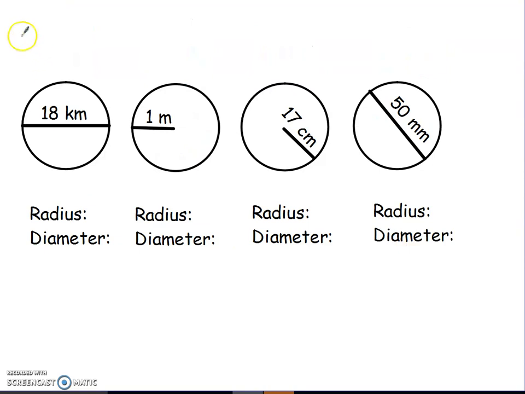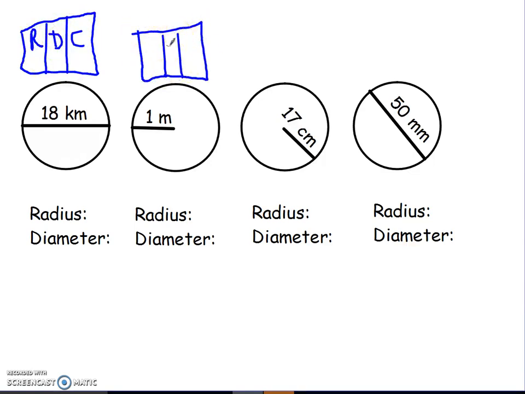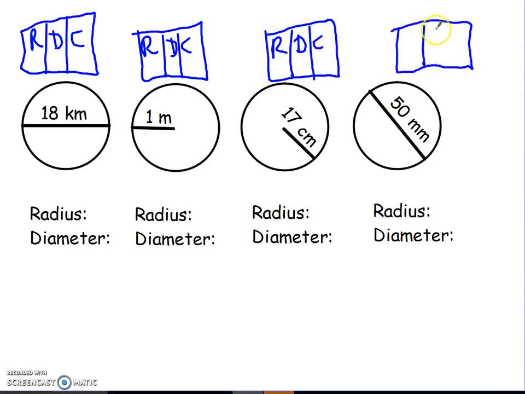Okay, the last row, draw RDC tables. All the way across. Alright, so 18 is a diameter.